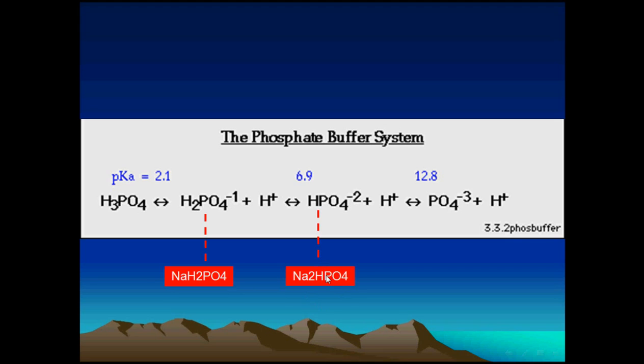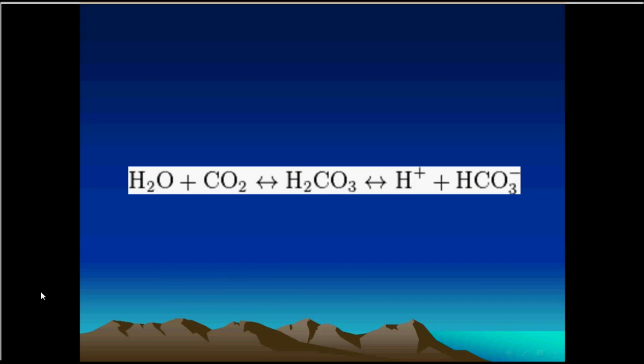If it releases one of these hydrogen ions, it goes back to disodium hydrogen phosphate. So this is a change from this direction to that direction. It combines with the hydrogen ion, masking it from being free to have an effect on the pH. So phosphate is present inside the cell and in the extracellular fluid.